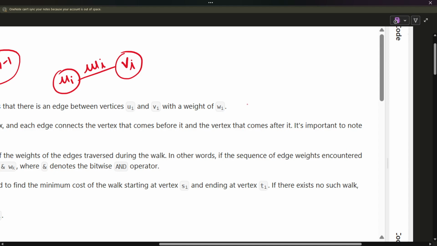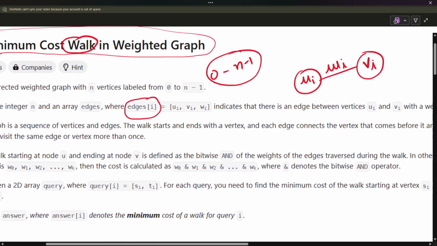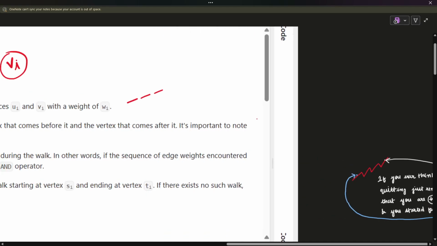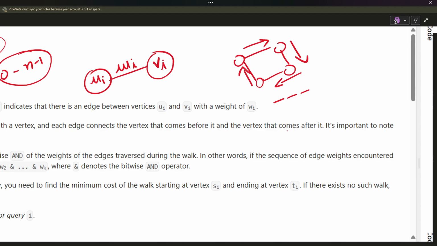So a walk is a sequence of vertices and edges. Suppose this is a graph.